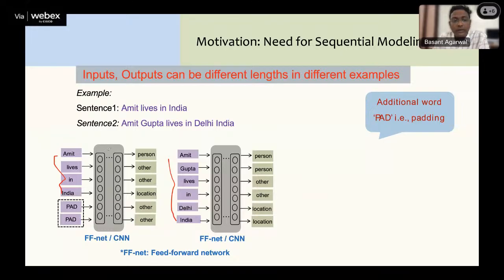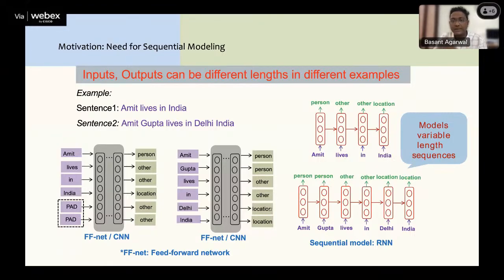So we want a network which can take a variable length as input. In a recurrent neural network, we can take care of this problem, in which the sequences can be given to the network one by one without worrying about the length of the input.